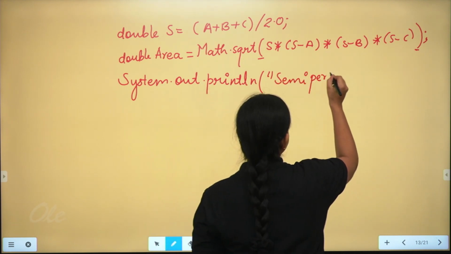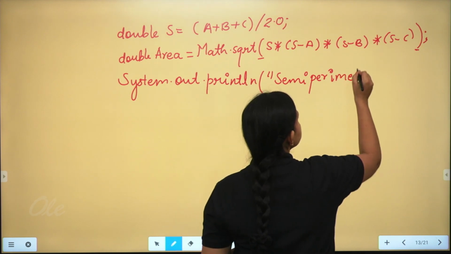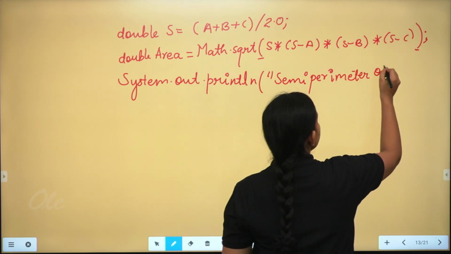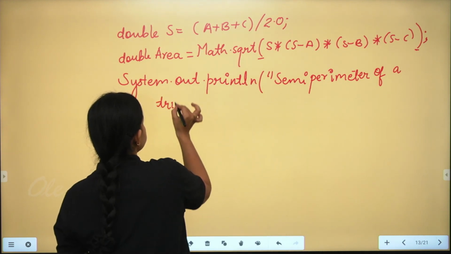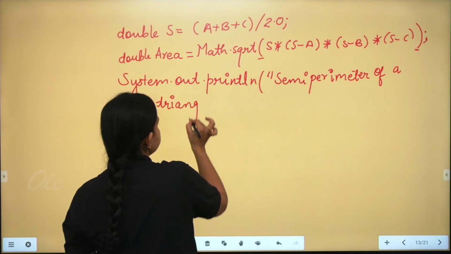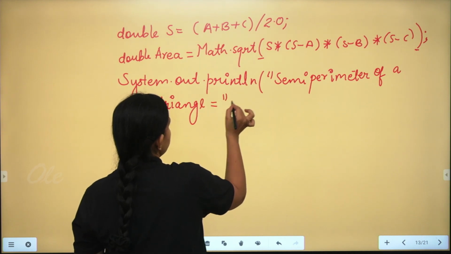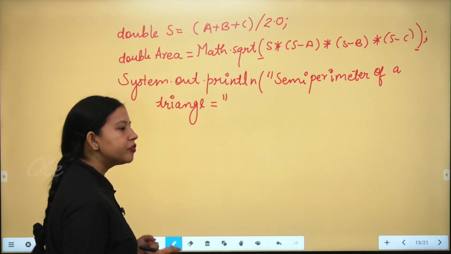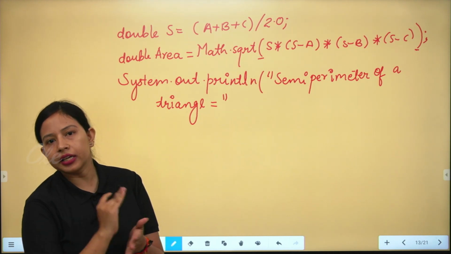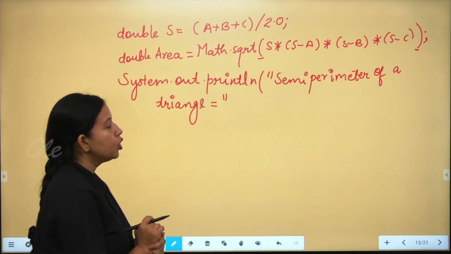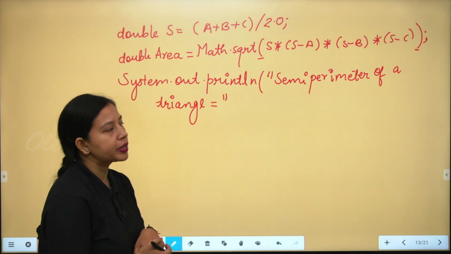Semi-perimeter of a triangle equal to. Now, this is an important phase where we are concatenating the variable which is holding the value. In which variable are we holding the semi-perimeter value?